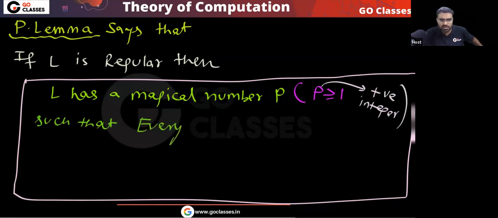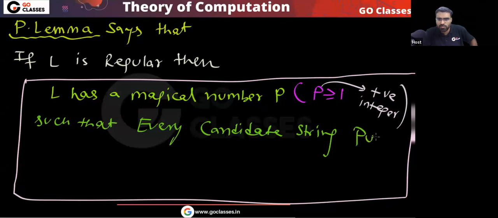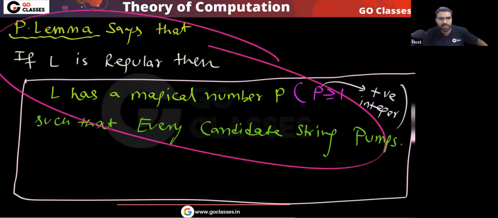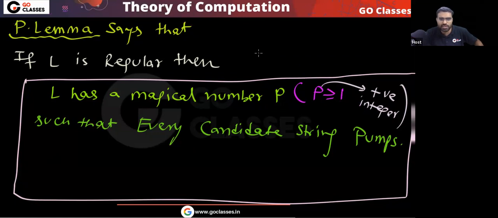In simple words, we have converted the pumping lemma statement to a very small statement: if L is regular, then L has a magical number P such that every candidate string pumps.